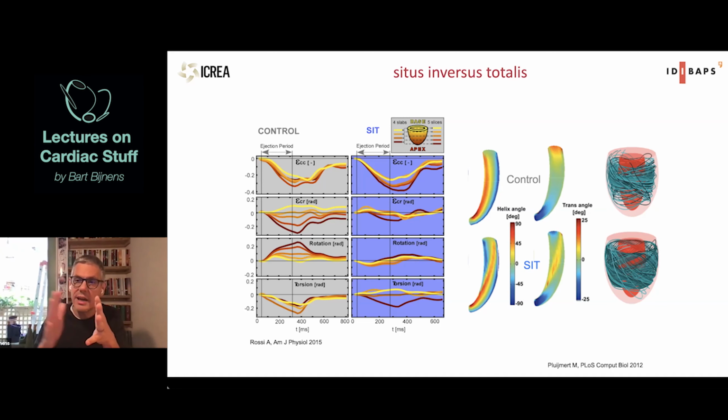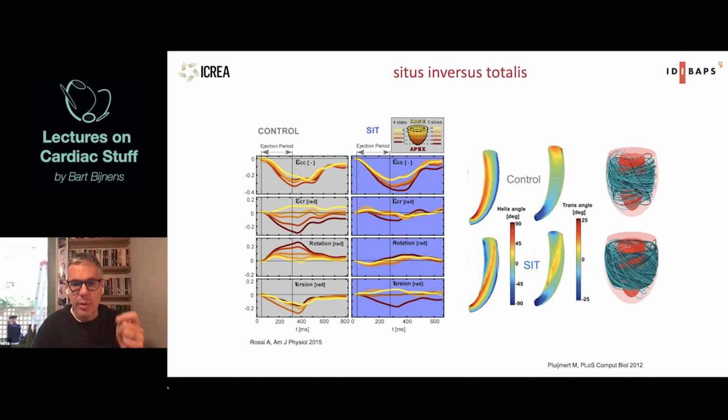So layers of myocytes are being added during the development. The fiber orientation is partially determined by the dynamic forces, both mechanical forces and hydrodynamic forces, taking place during the development. And of course, while in situs inversus the genetics are mirrored, the hydrodynamic forces are not mirrored, because it's still the blood going through the ventricle in some ways.